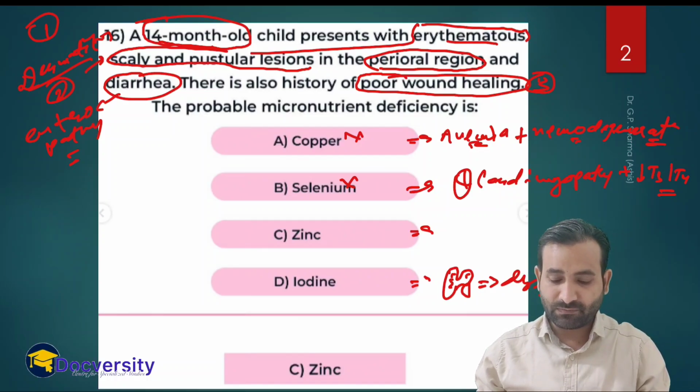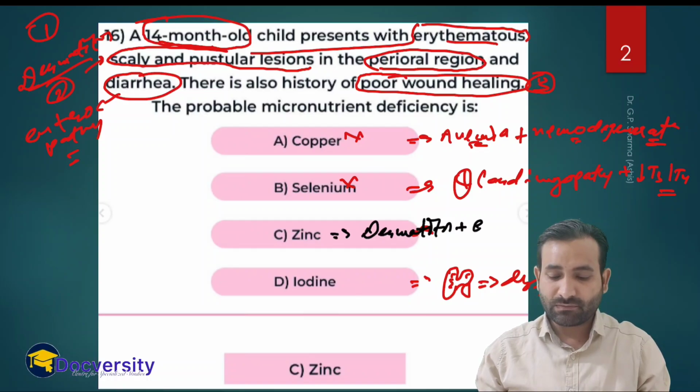So what features are given in this question? Dermatitis, plus the features of enteropathy, plus delayed wound healing.